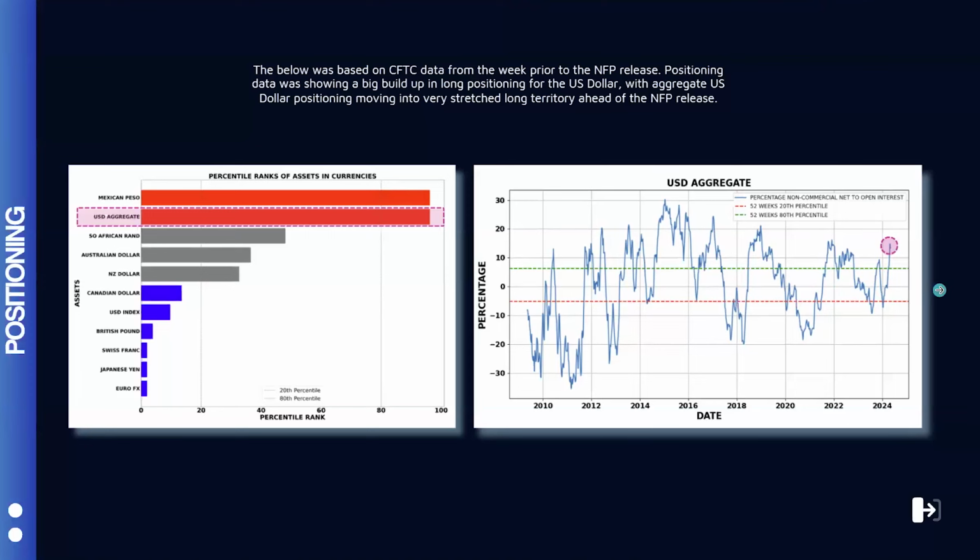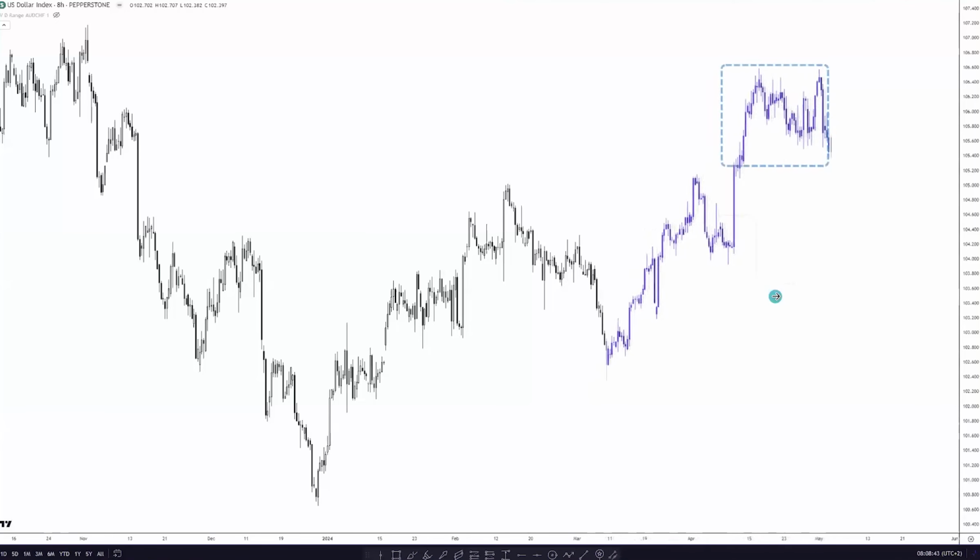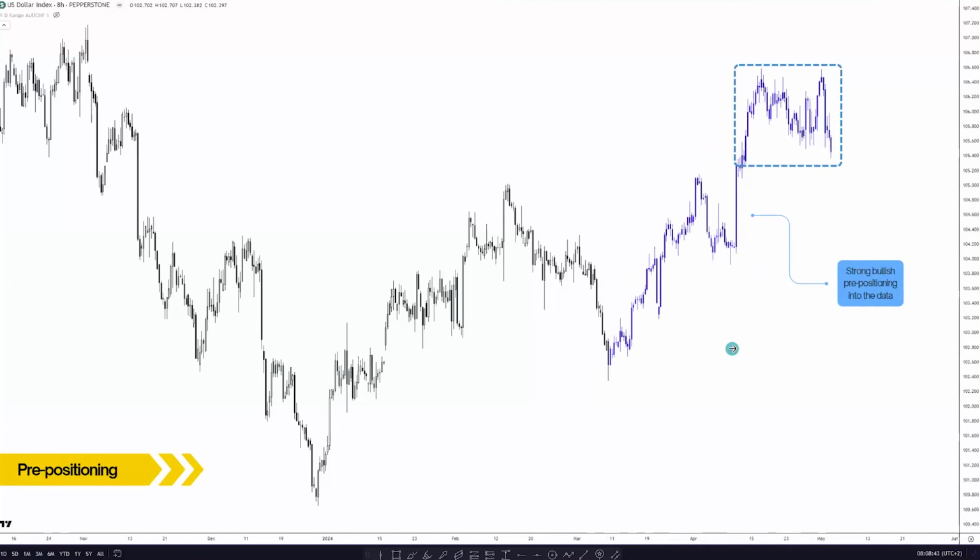That's important to remember. The positioning was also clearly playing out in the price action. If you take a look at the dollar index, we saw a solid amount of bullish pre-positioning heading into that NFP print. You didn't have to be a rocket scientist to know that the markets were very long the US dollar, looking at both positioning and just the price action itself.